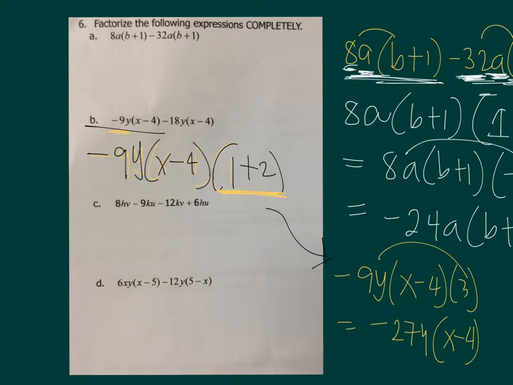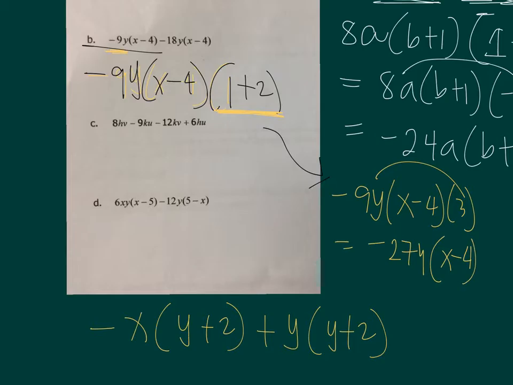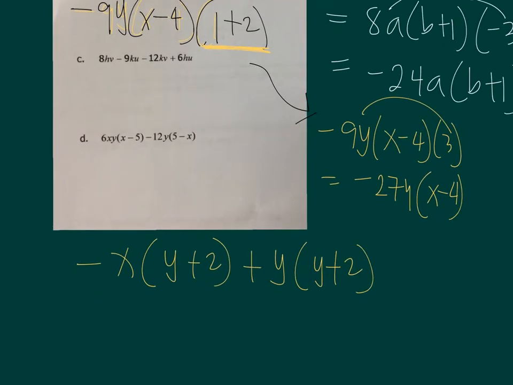What do I mean by that? Just to show you a quick example on a different problem. If I have negative x times y plus 2 and then plus y times y plus 2, if you look at the expression, the common factor is y plus 2, because you have y plus 2 in the first and y plus 2 in the second.